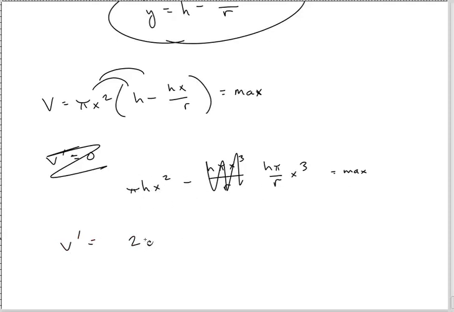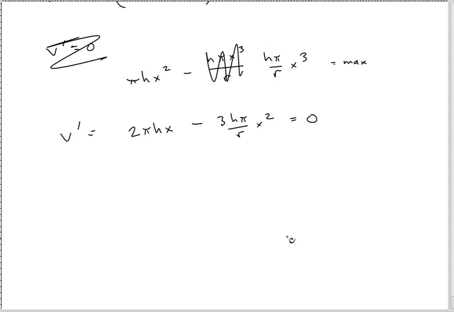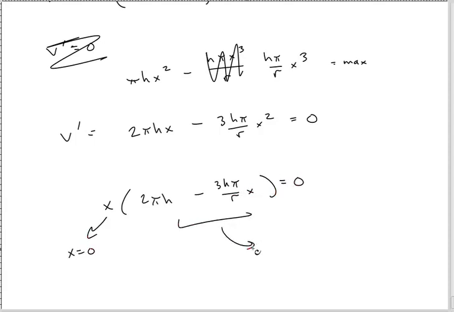The 2 comes down: 2 pi h x minus, the 3 comes down, 3h pi over r x squared, and this is equal to 0. What's funny is that if you factor out an x from both of these terms, crazy math, you have one answer is x equals 0, and then your other answer is x equals, I'll just go ahead and do the math for you, 4 pi over 27 r squared h.